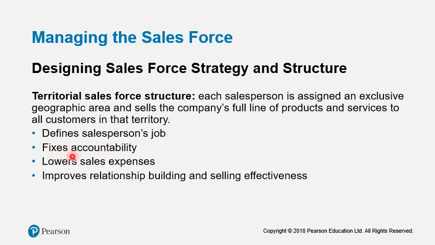They have fixed accountability, lower sales expenses, and can improve relationship building and selling effectiveness within that territory, because as you have assigned those salespeople to that location, every customer in that location will be able to get the whole product range and get to know the salesperson who is selling the items for them.